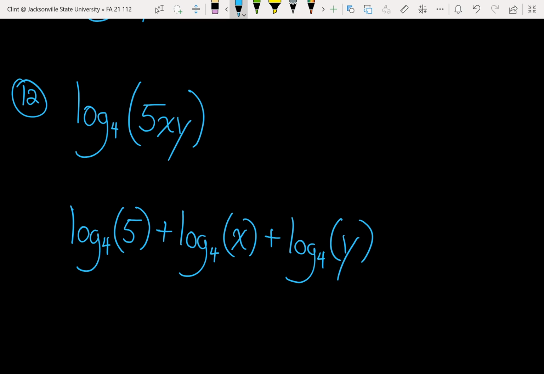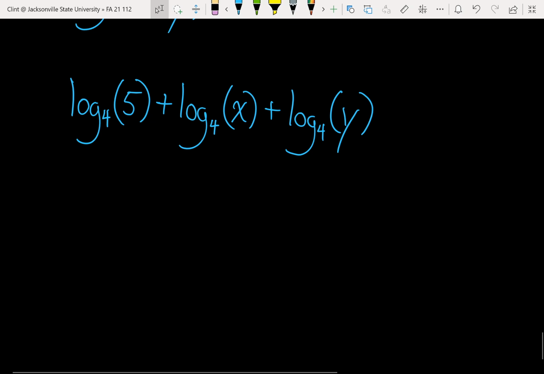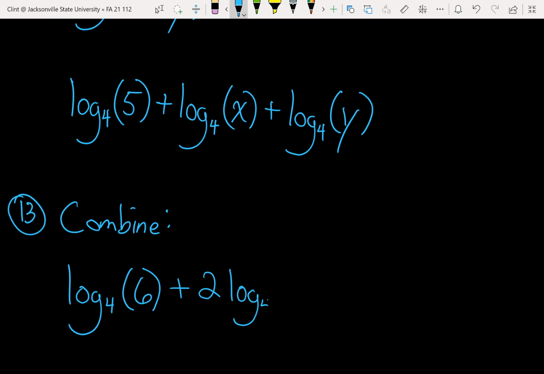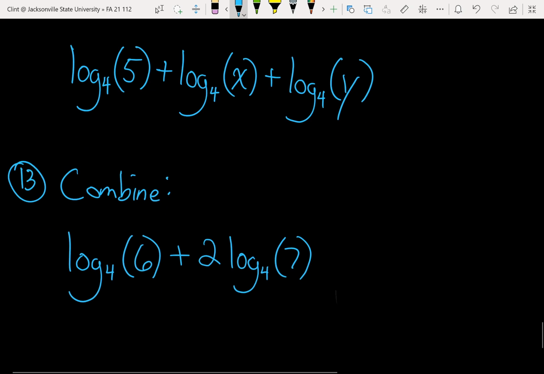And then one more that's just slightly different, not much. This one says combine the expression. It gives us log base 4 of 6 plus 2 log base 4 of 7. The only real difference here is that we have all numbers.